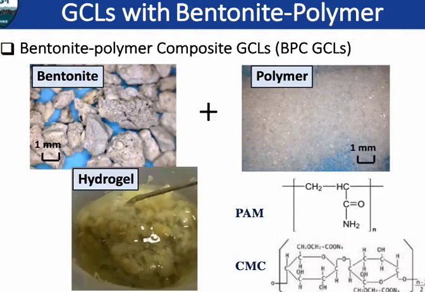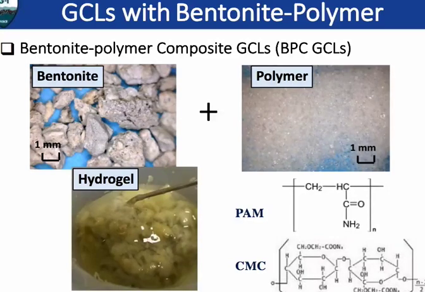Right now, many manufacturers use dry mixing of polymer with bentonite. The polymer can hydrate and form hydrogel and work in the bentonite mixture and stay in the bentonite porous media.